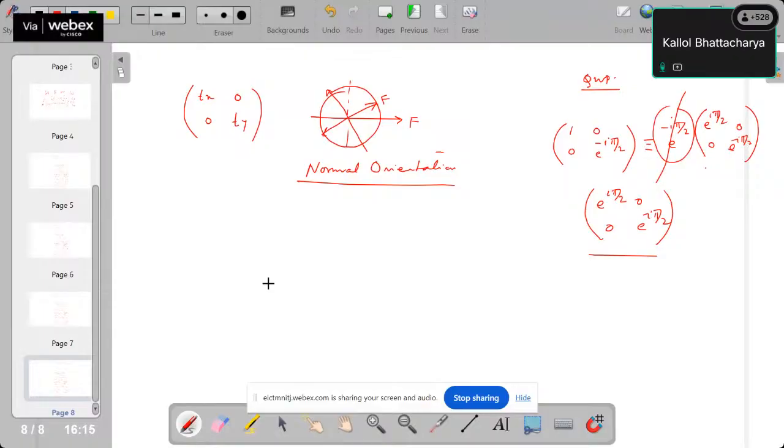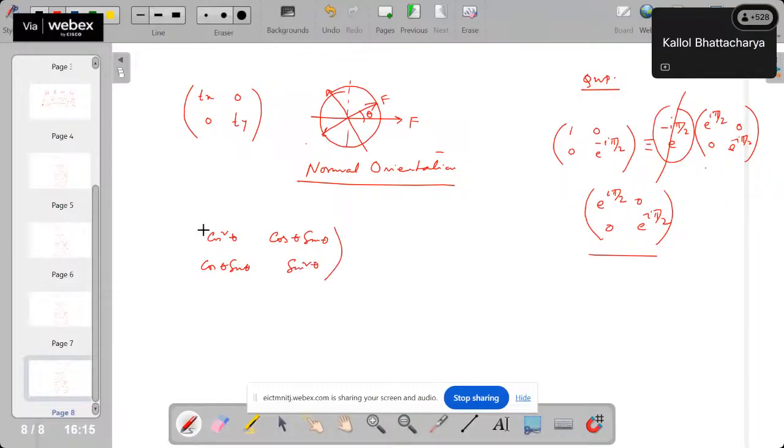Okay, but just to say how we do this, it's simply rotation of coordinates. If you rotate this coordinate by angle theta, the Jones matrix of the polarizer comes out to be cos squared theta, cos theta sin theta, cos theta sin theta, sin squared theta.